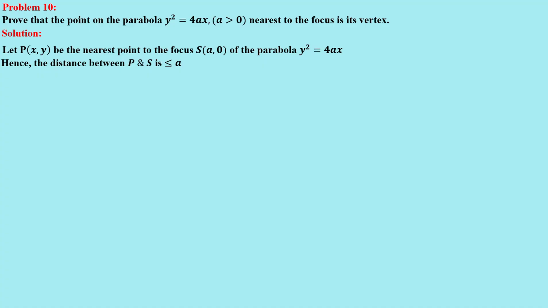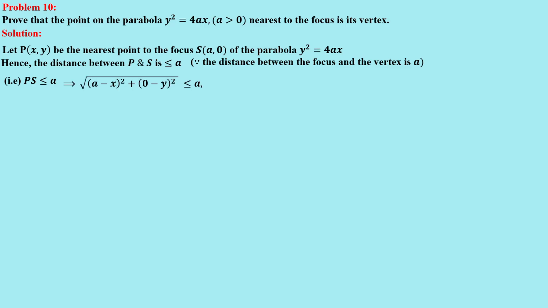Vertex is 0, 0, so 0 to a is the length between the vertex and S, but P is the nearest point, so the distance is less than or equal to a. The distance between the focus and vertex is a, that is why. So PS is less than or equal to a using the distance formula.